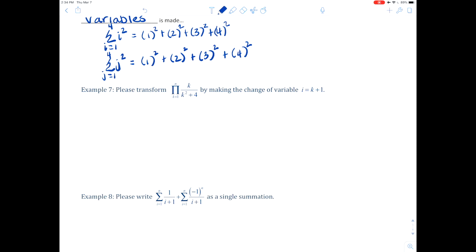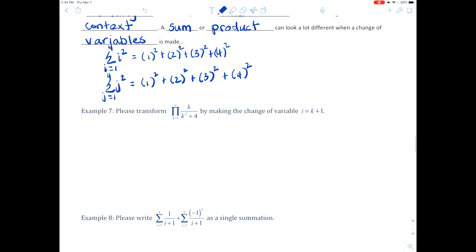Cool? Okay, so basically what we found here is that the sum from i equals 1 to 4 of i squared is equal to the sum from j equals 1 to 4 of j squared, right?